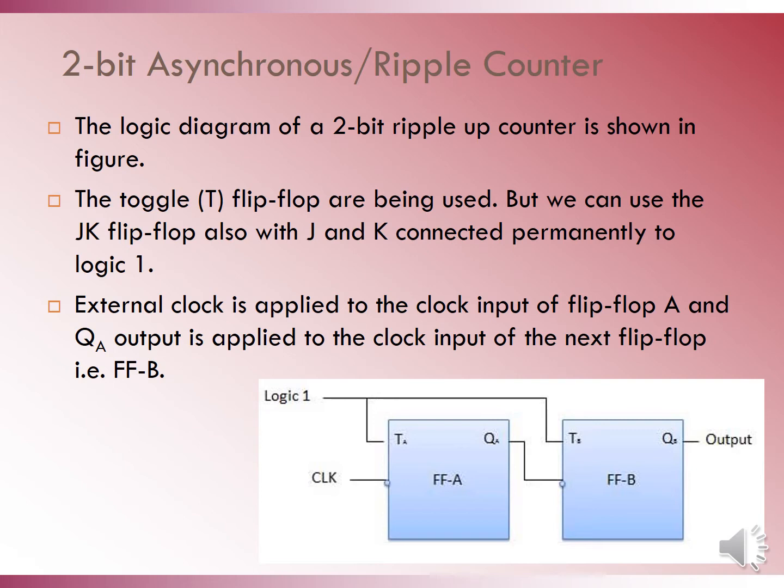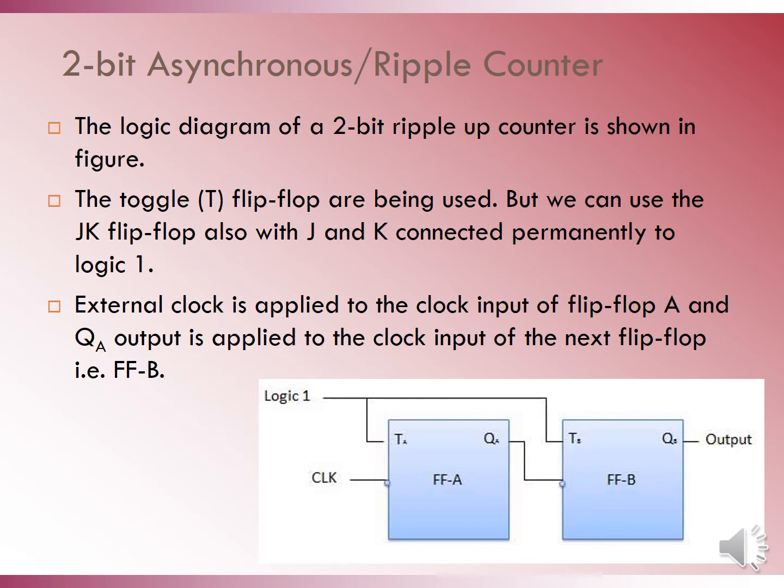Now, after the third clock edge has come, A will again toggle and it will become 1 from 0. So a 0 to 1 transition of A will not trigger flip-flop B, which will remain at state 1. So what is the output after the third negative edge? It is 1 1.